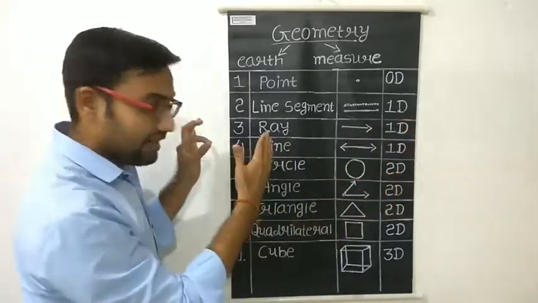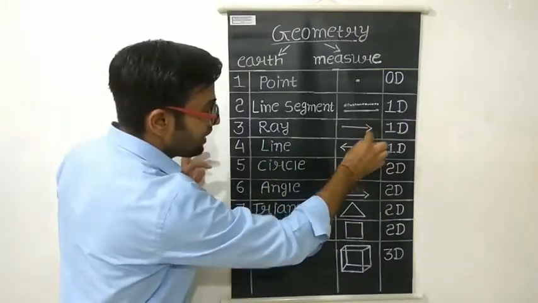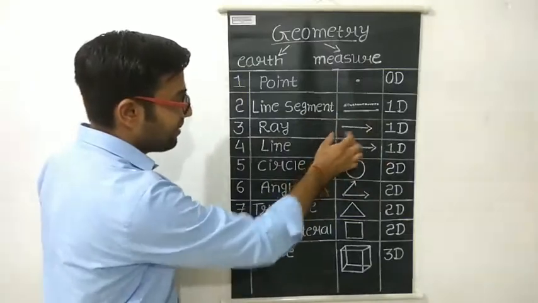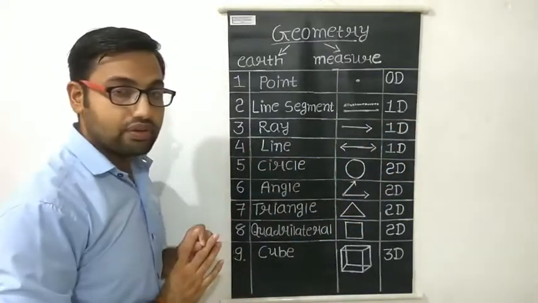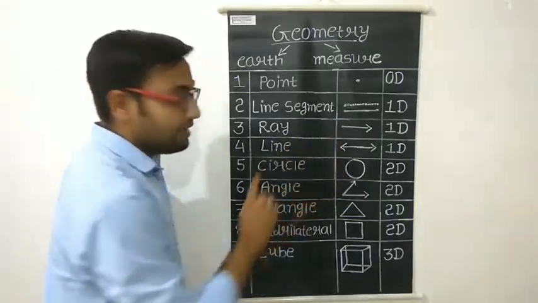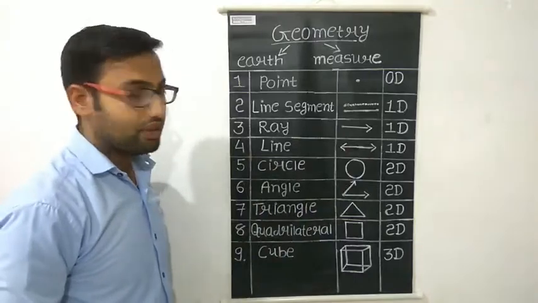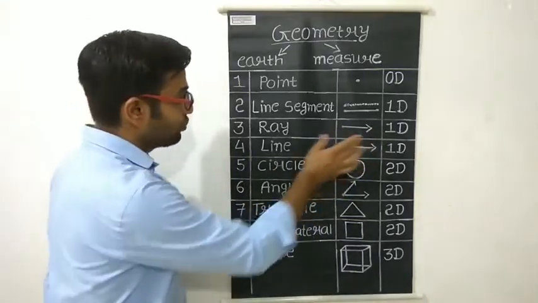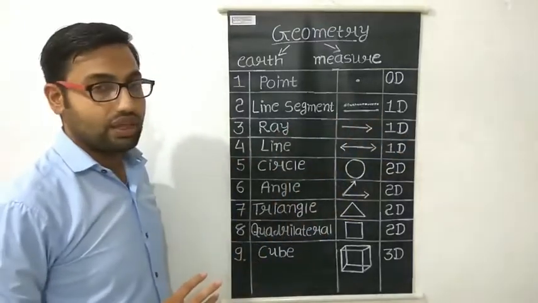To show that, we use this arrow. The arrow indicates that this line segment is continuing itself and never ending, right? So on one side it is ending, on the other side it is never ending. So this type of symbol is used for a ray. It is again a one dimension quantity, right?